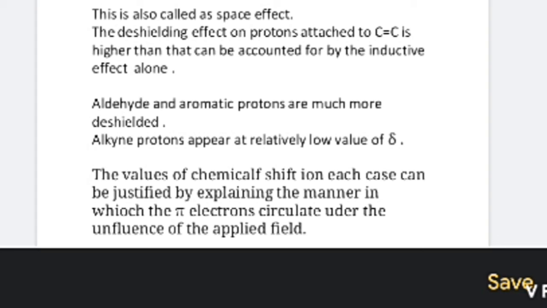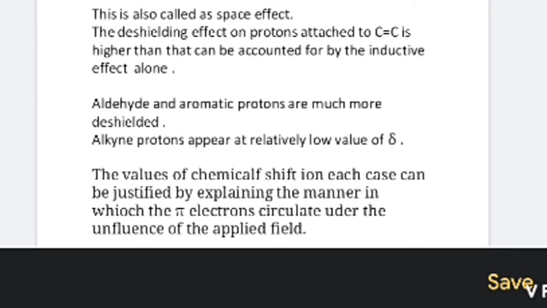Here, this is the space effect. Aldehyde and aromatic protons are much more deshielded.